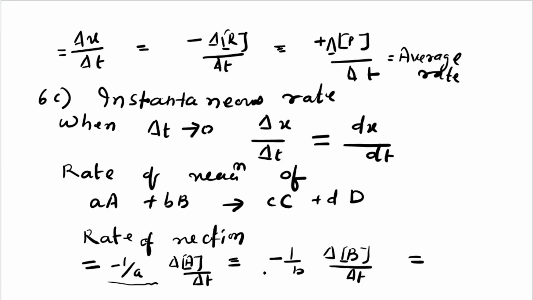Now it equals the other reactant also, so minus 1 by B, del B by del T. Are you clear?